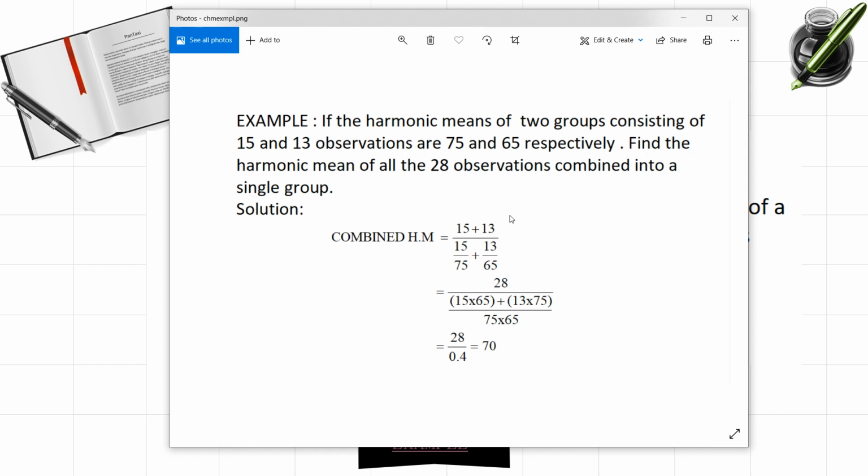For calculating the denominator, first find the ratio of the observations in each group to the corresponding harmonic means, which is 15 by 75 for the first group and 13 by 65. Find the total of these two ratios, that is 15 by 75 plus 13 by 65. Find the LCM and solve it a little bit. After solving this, we'll get the denominator as 0.4, and then 28 by 0.4 gives you the final answer, which is 70. This is how to calculate the combined harmonic mean.